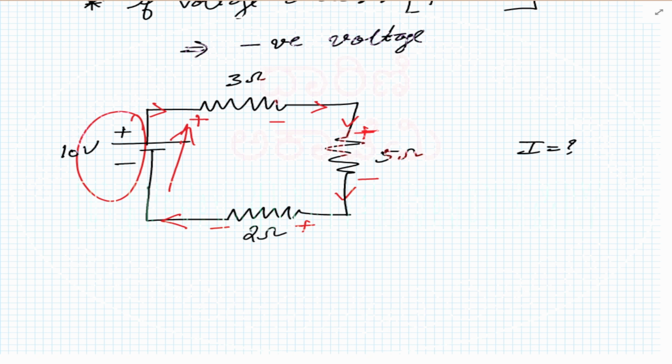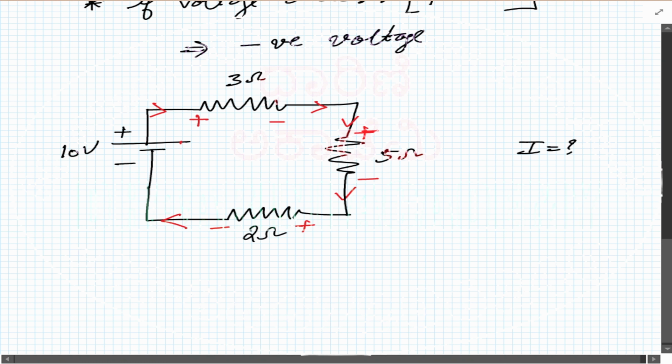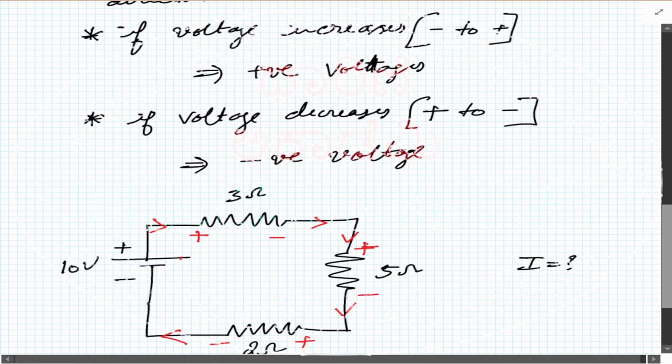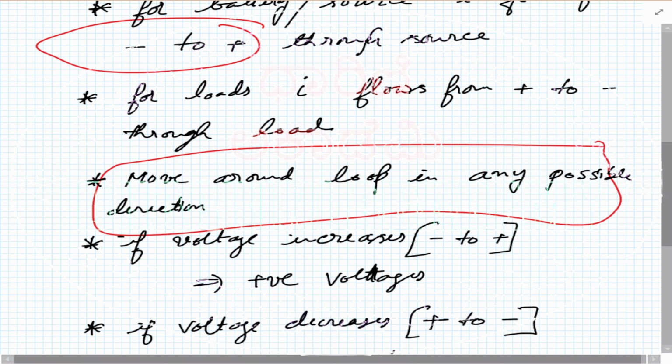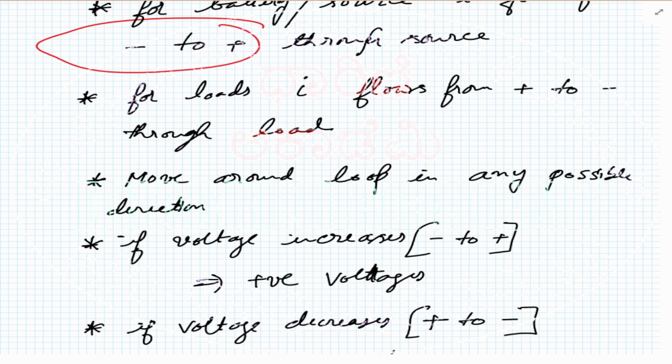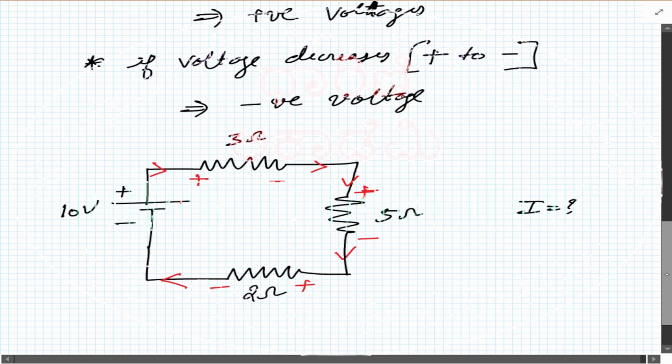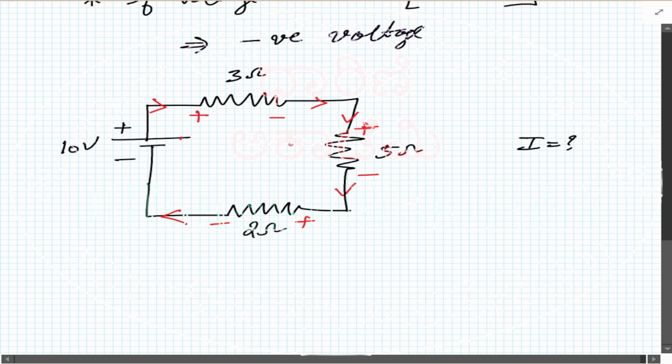So marking this is my second objective for any given problem. Once this is done, you move to the next point, which says to move around the loop in any possible direction.